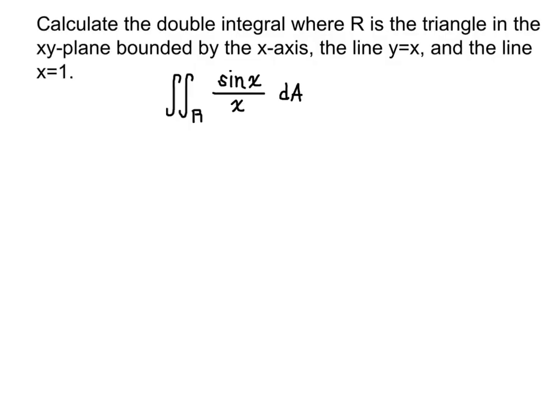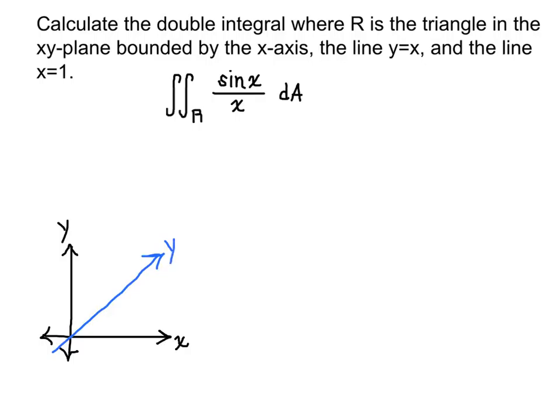So our region in the xy plane, here's our y-axis and here's our x-axis. Let's make it look like an axis here. There's the x-axis and y, and this is our bird's eye view. And when we draw this, we're going to have the line y equals x, the identity function.